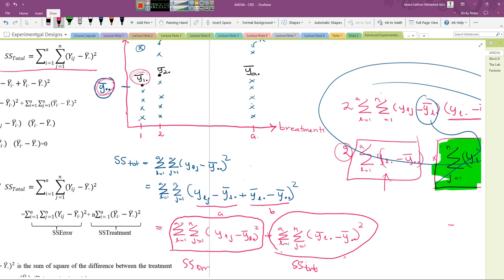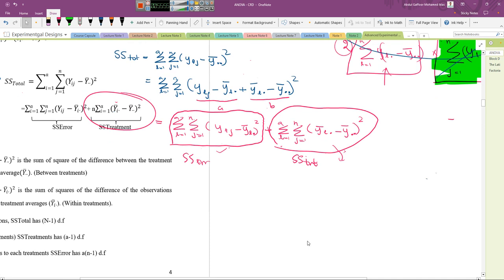And now this is the sum of square error. Why? Because from each and every data point you subtract this, and for each and every data point you do this. So you can see here this is okay, but for this one I can slightly modify this in order to obtain this expression.